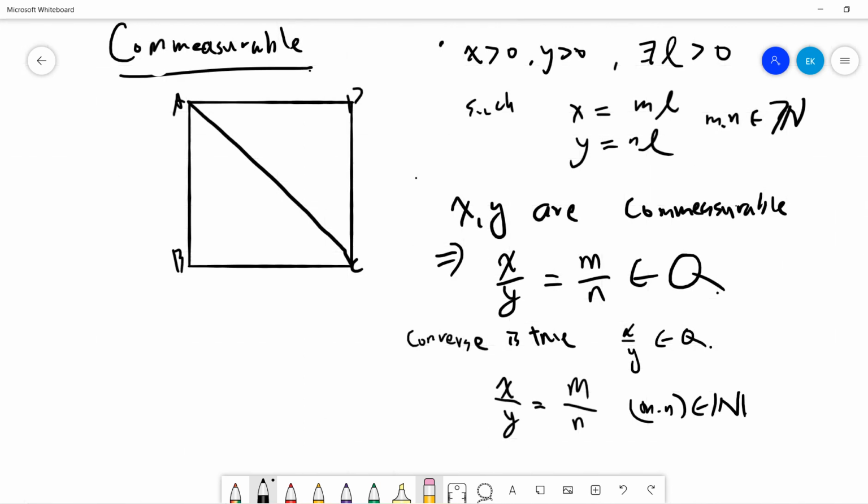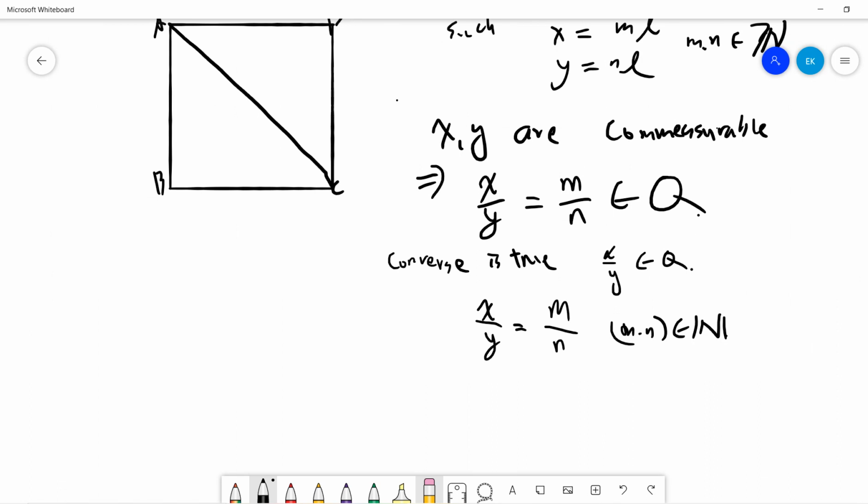That means x divided by m just equals y divided by n, and whatever it is, I just call it r bar.